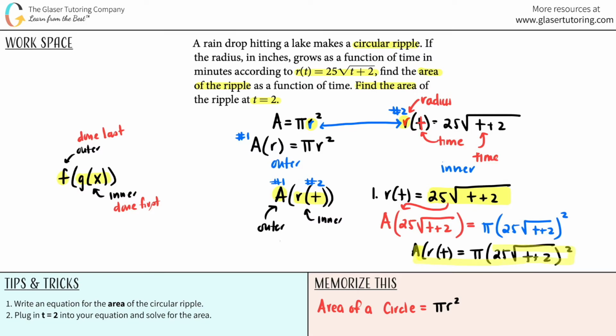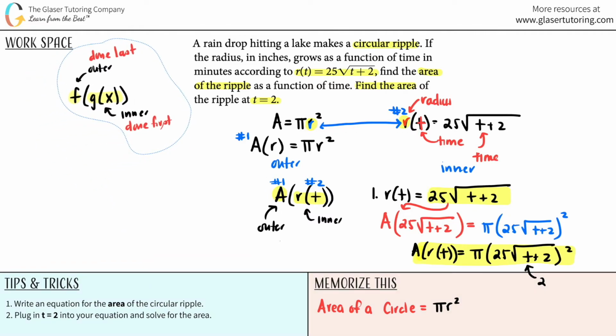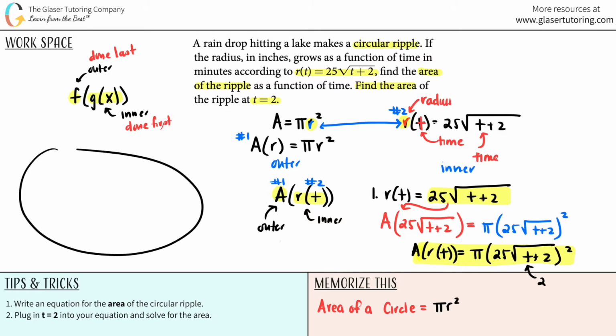Now, since we have this function, all we got to do is just plug it in. I think the second part, they just said, find the area of the ripple at t equals 2. So what are we going to plug in, guys? Oh, a 2 for t. Let me just first pull this up here. I'm going to do this part over here.